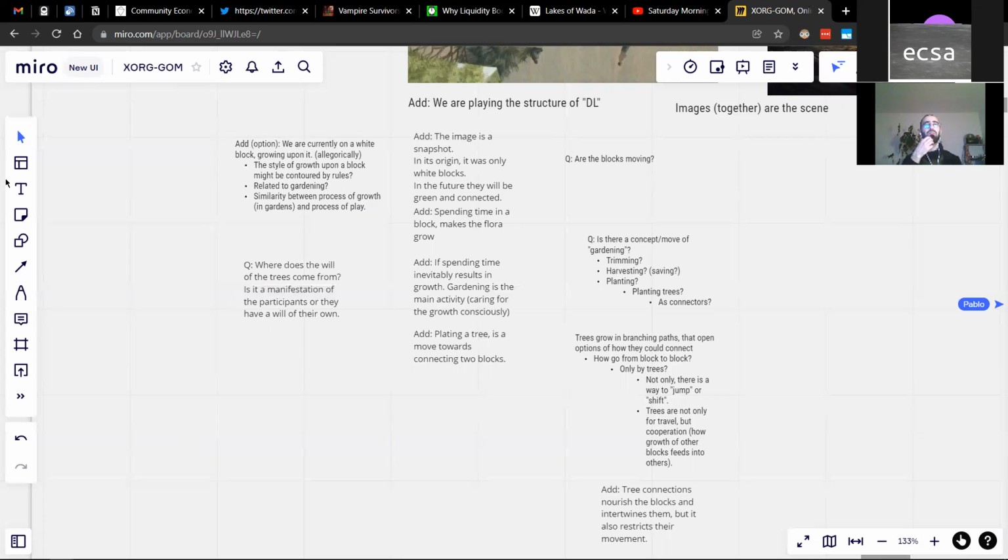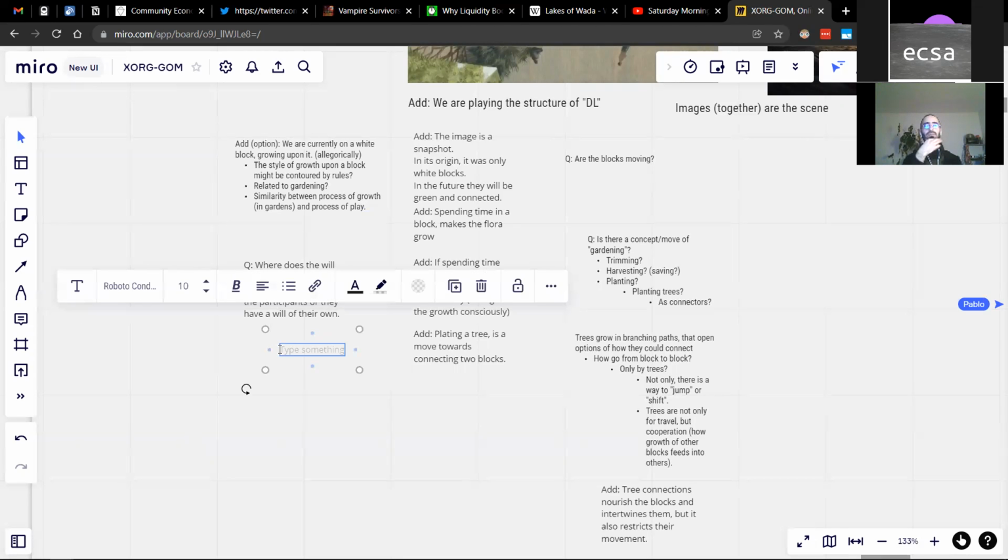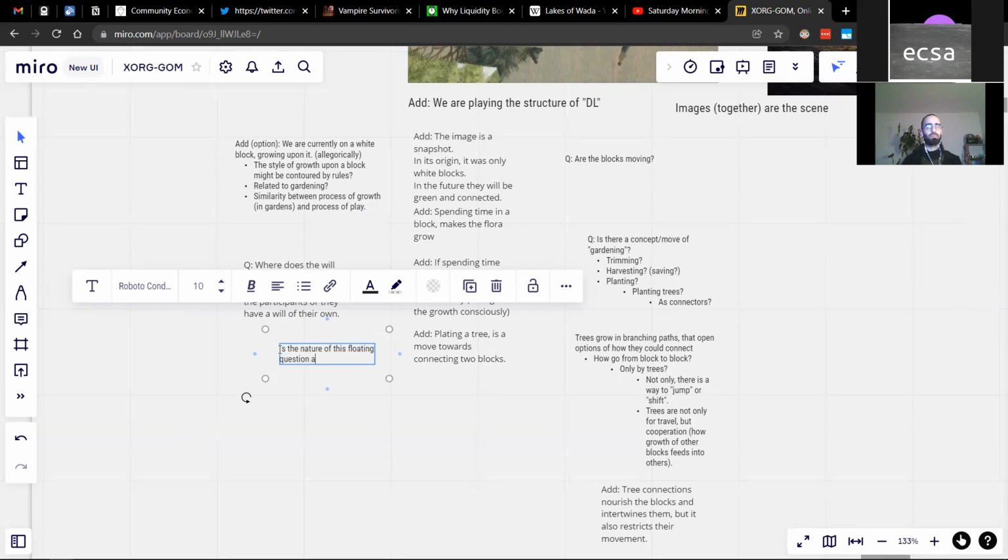Okay, maybe I'll write: is the nature of this floating thing, question, a white cube.